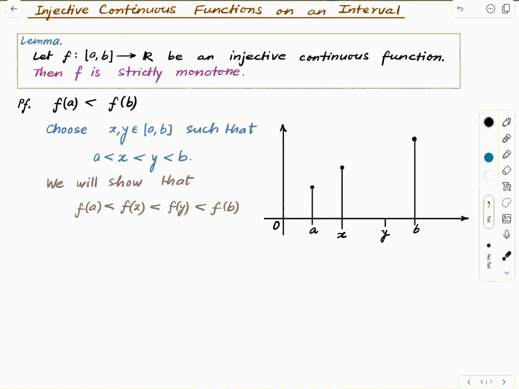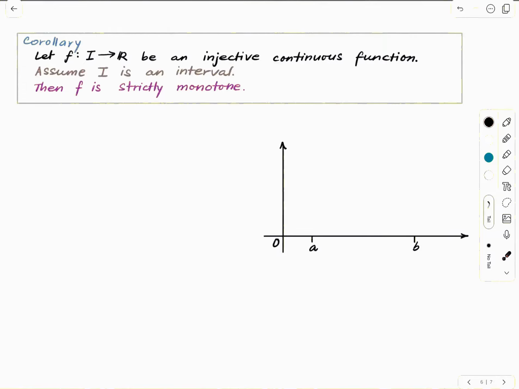More generally, if we have an injective continuous function on an interval, so I is an interval, then the function is strictly monotone. Okay, and this is an exercise. We proved it for a compact interval, but this is true for any interval.